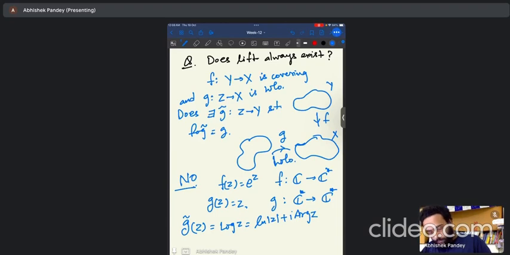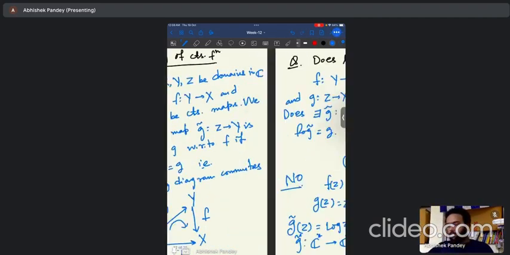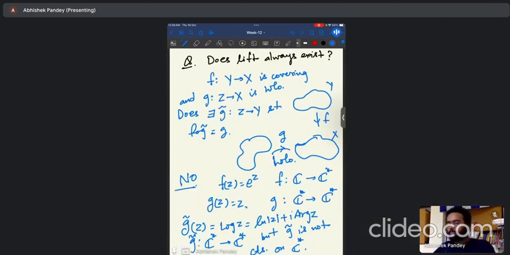So g tilde is from C star to C, but g tilde is not continuous on C star. So you cannot always have this lift. Again, the monodromy theorem will give the answer for this one.